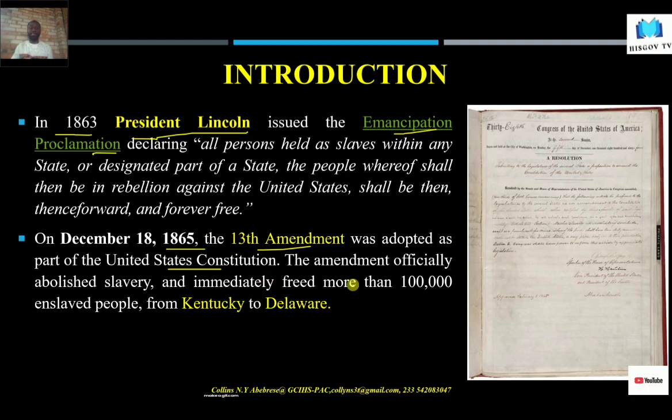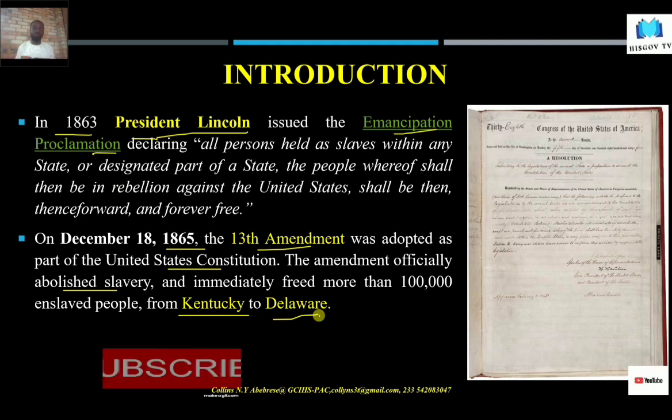This amendment officially abolished slavery in all the states in the U.S. Immediately this amendment was made, about 100,000 enslaved people from Kentucky and Delaware were freed. That is basically the abolition of slavery in the USA. It was Abraham Lincoln who issued a proclamation that slavery was abolished. And so that is that.